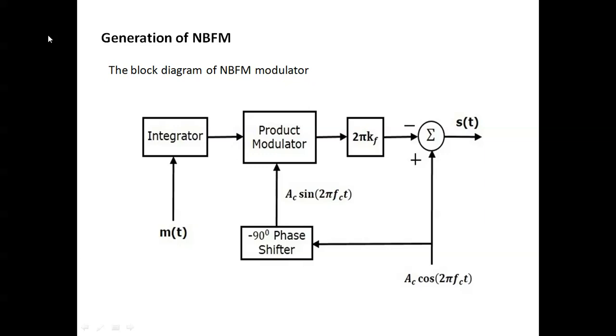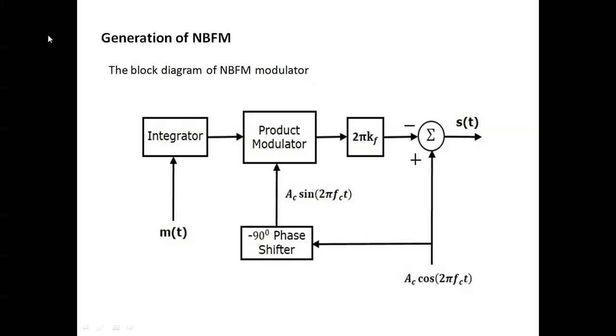A product modulator is nothing but a ring modulator. It multiplies two inputs: one comes from the integrator output, and the other is the carrier waveform Ac sin 2 pi fc t, after the 90-degree phase shift. The product modulator output is sent to 2 pi kf.